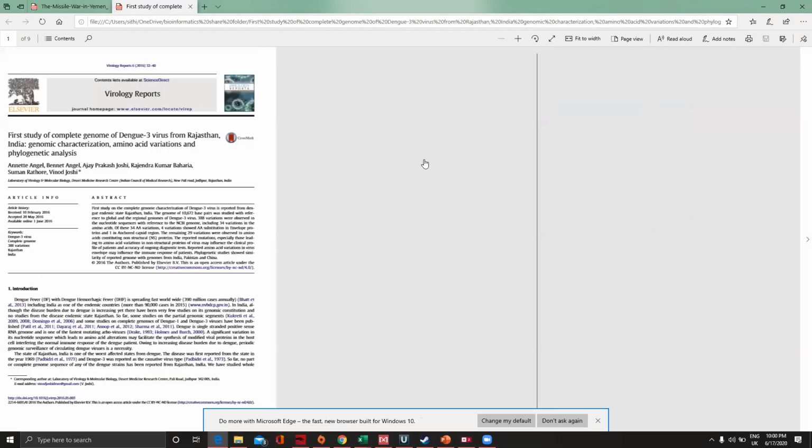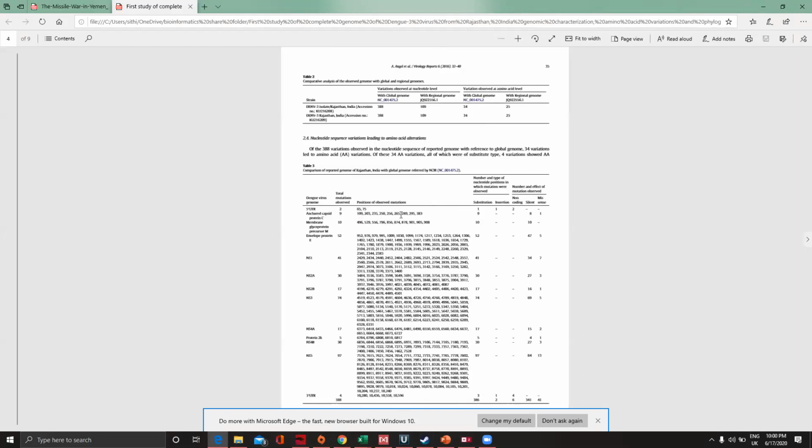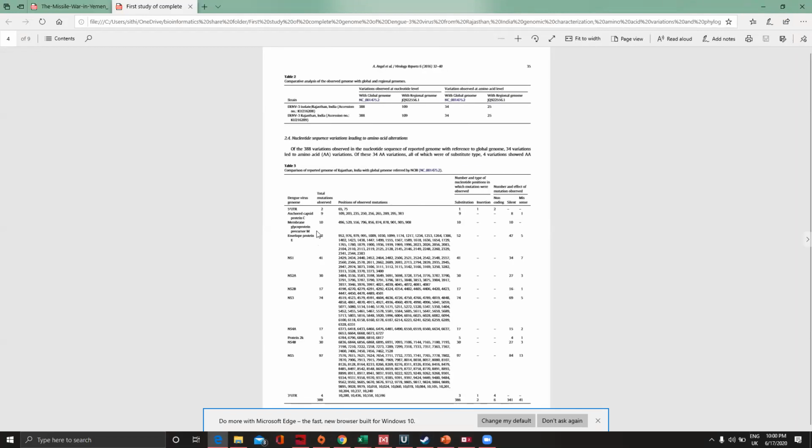They did that and did the analysis on it, and got this table where they mapped all the mutations and the positions in reference with the non-structural and the structural portions of the protein, the viral genome.